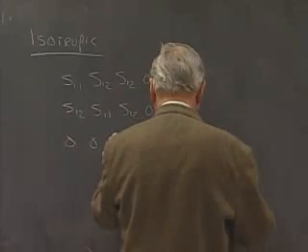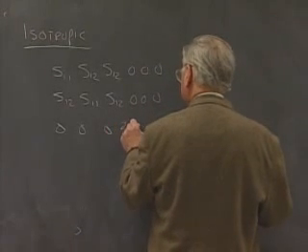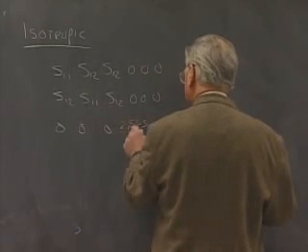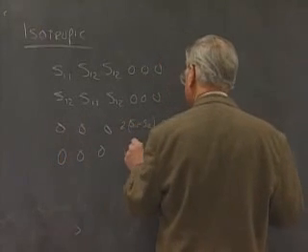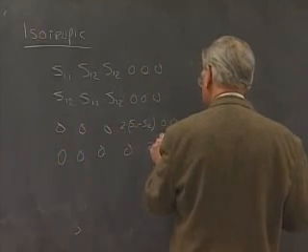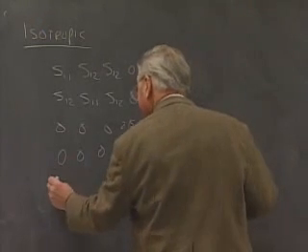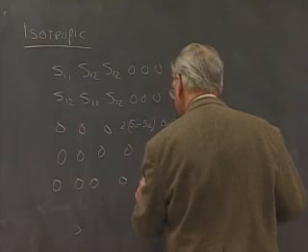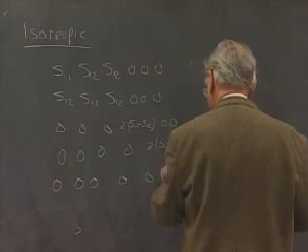Then the diagonal terms, if the material was isotropic, was 2S11 minus S12 for this term, 0, 0, 0, 0, 0, 0, and again a 2S11 minus S12, and then 0, 0, 0, 0, 2S11 minus S12.